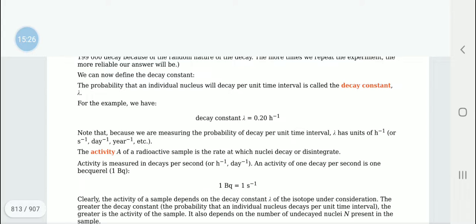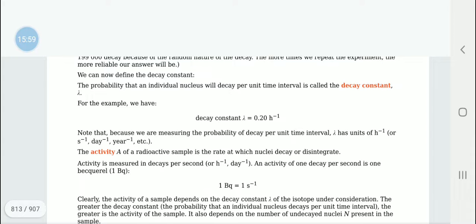The activity A of a radioactive sample means the rate at which nuclei decay or disintegrate. That is another factor that you need to understand. We measure activity in decays per second, or h⁻¹, or day⁻¹, or s⁻¹, anything.